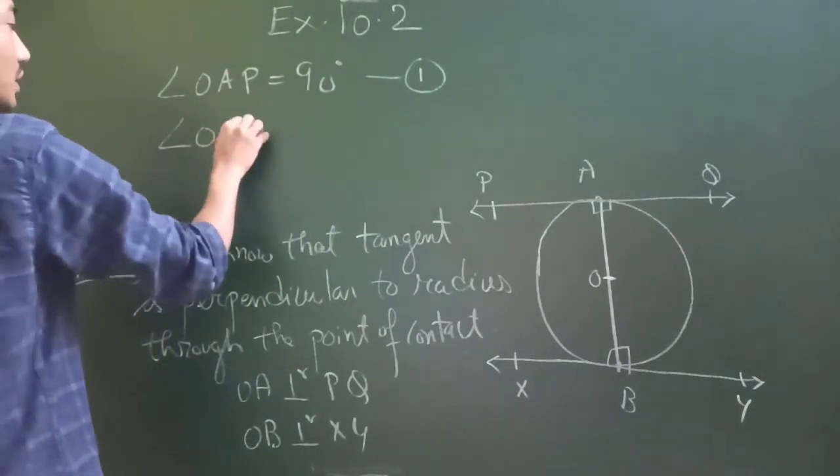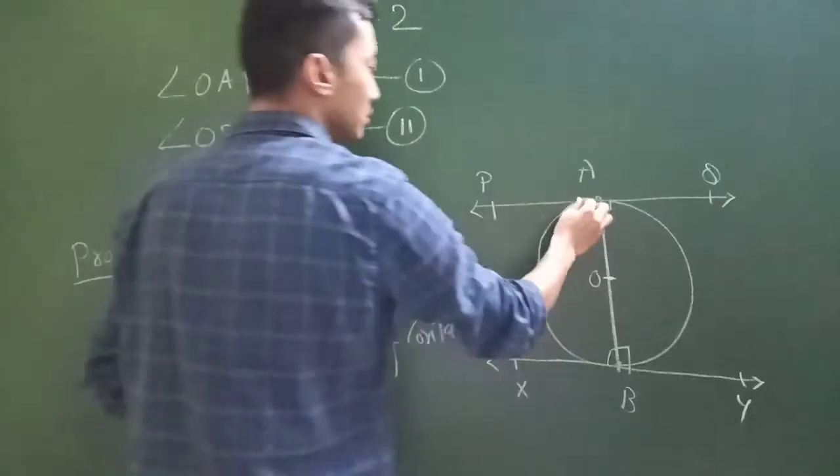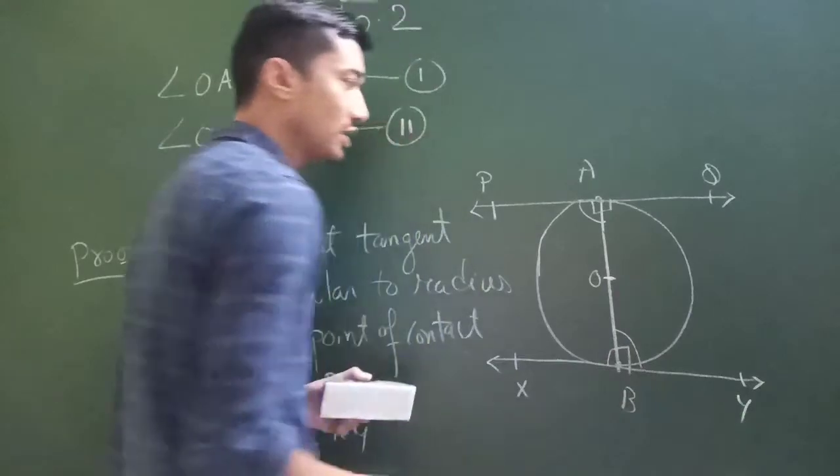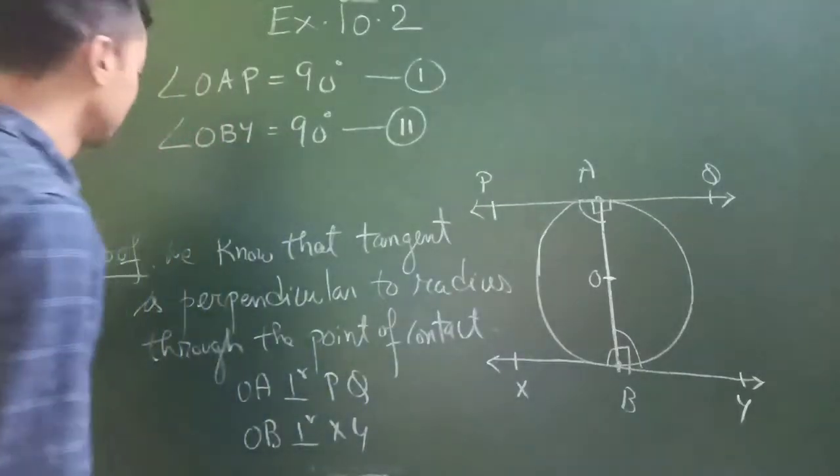Angle OBY is 90, equation 2. So 90, 90. Now you see both of them are equal, isn't it? Equal, alternate.